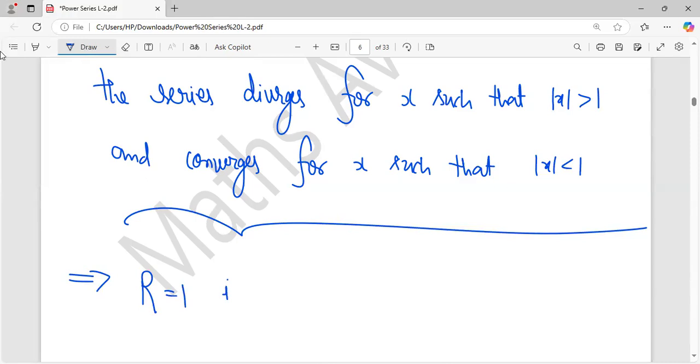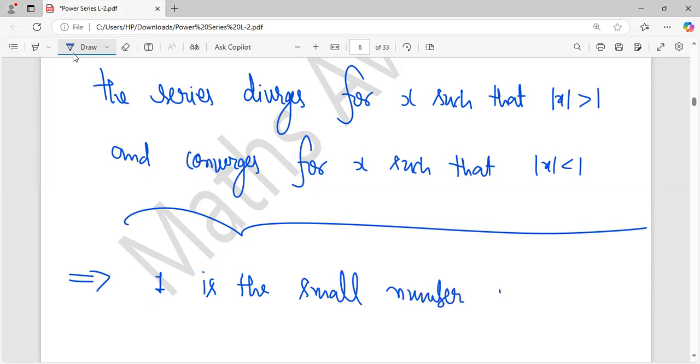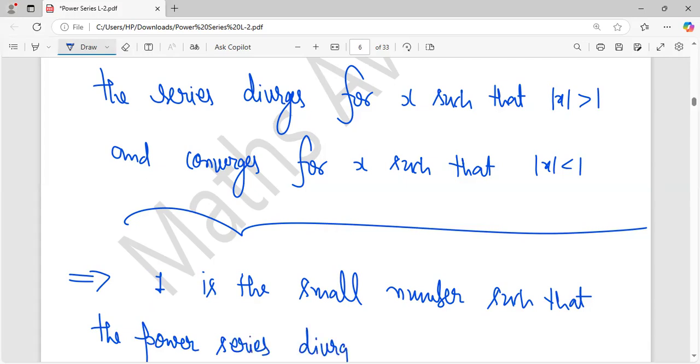This implies 1 is the smallest number such that the power series diverges for x such that |x| is greater than r.